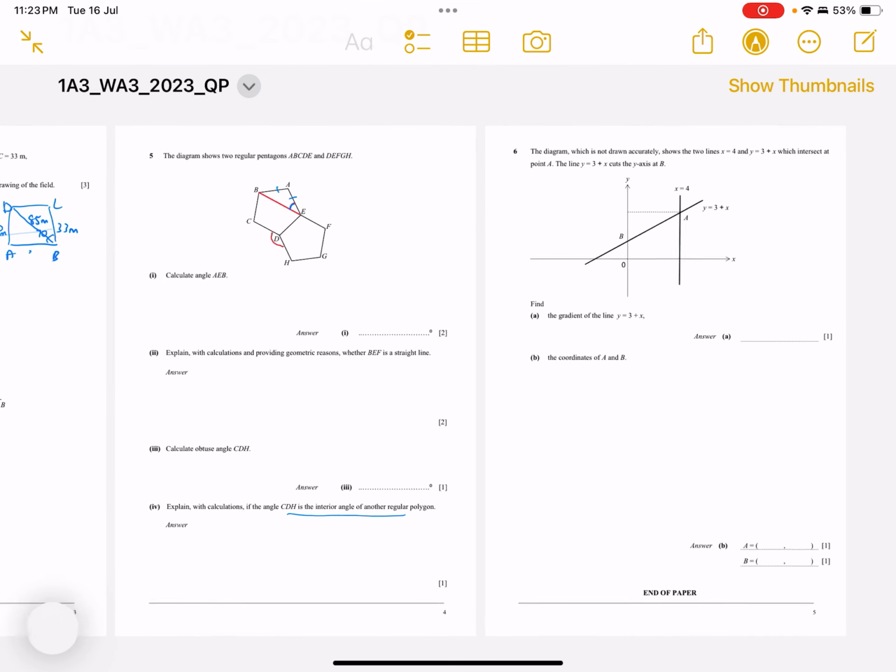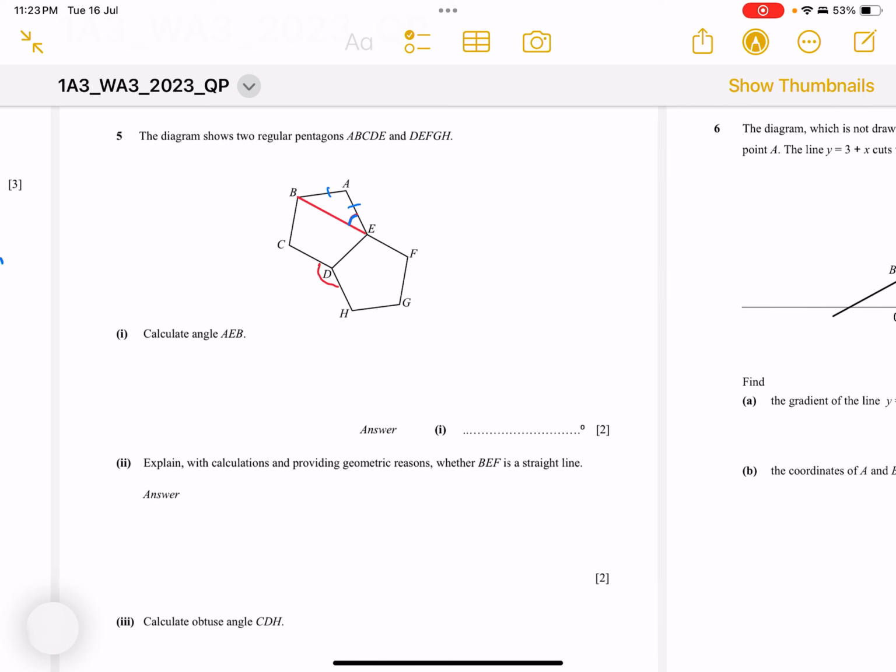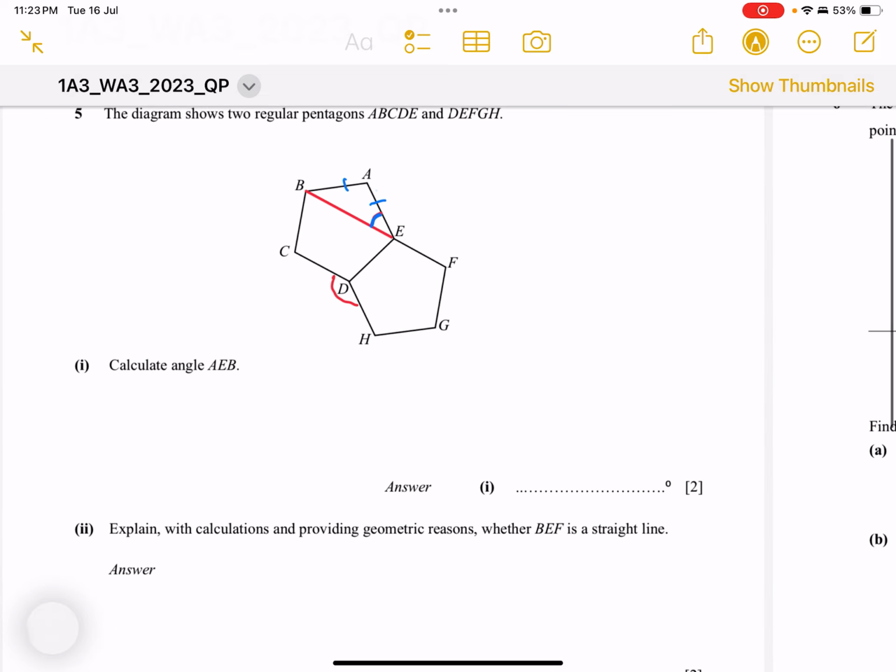So now we go on to question 5, and we have two regular pentagons. We have to first find AEB. Because it's a regular figure, we have an isosceles triangle here.